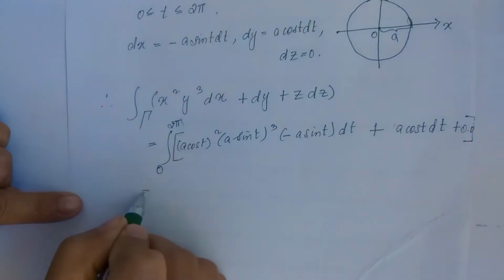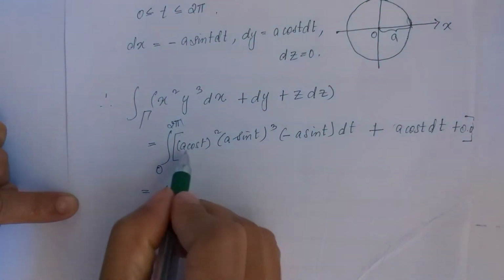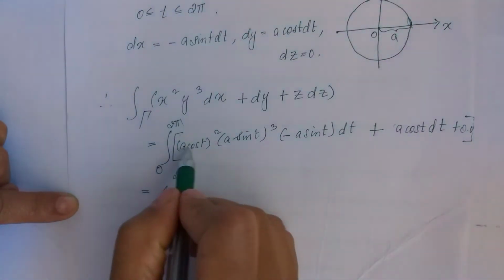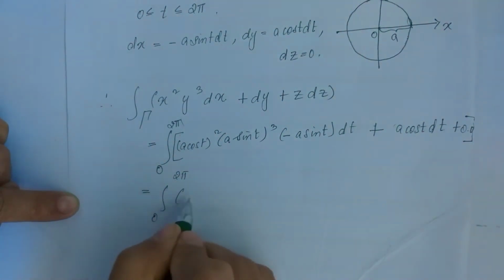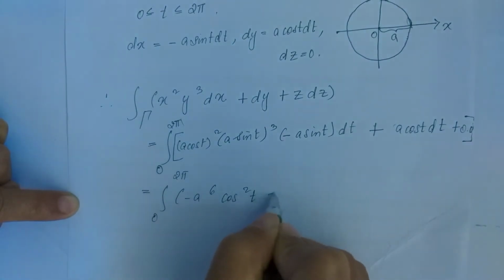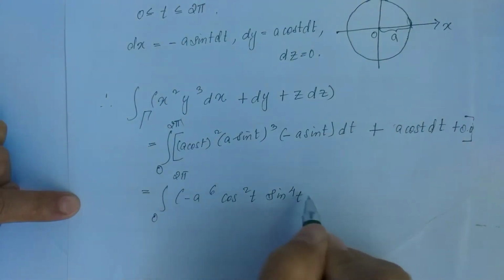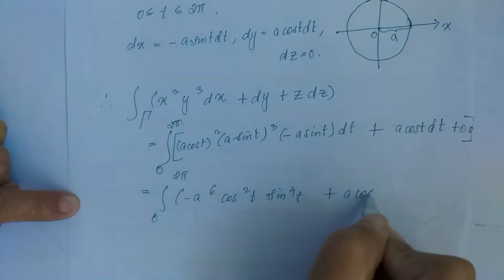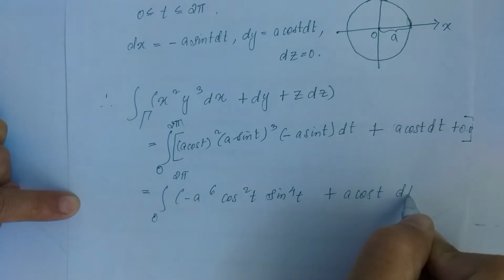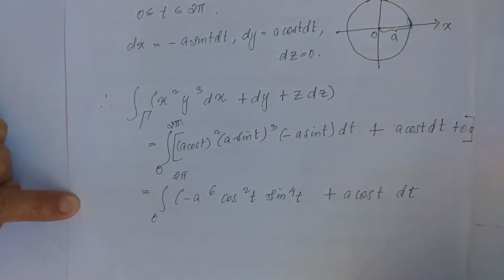Then you have the integral from 0 to 2 pi. If you complete the calculation, you get a to the power 6 cos squared t sin to the power 4 t plus a cos t dt.